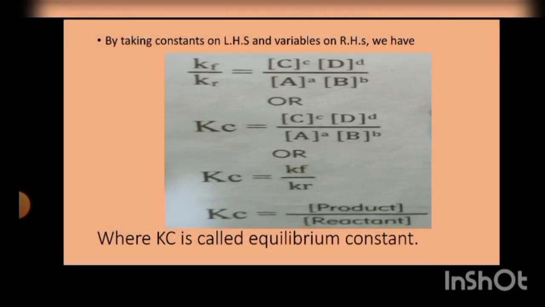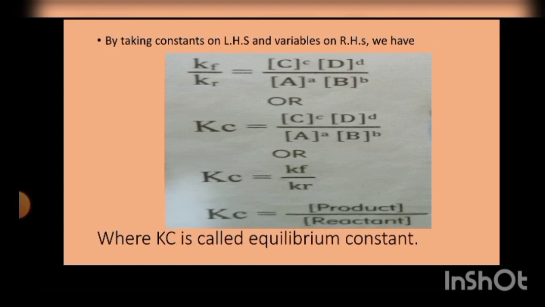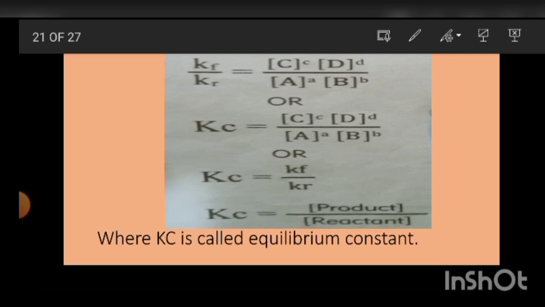So for the Kf divided by Kr ratio, we use the term Kc. Kc means equilibrium constant, and Kc equals products divided by reactants, because we have taken the molar concentration of the products in the numerator and the concentration of the reactants in the denominator.